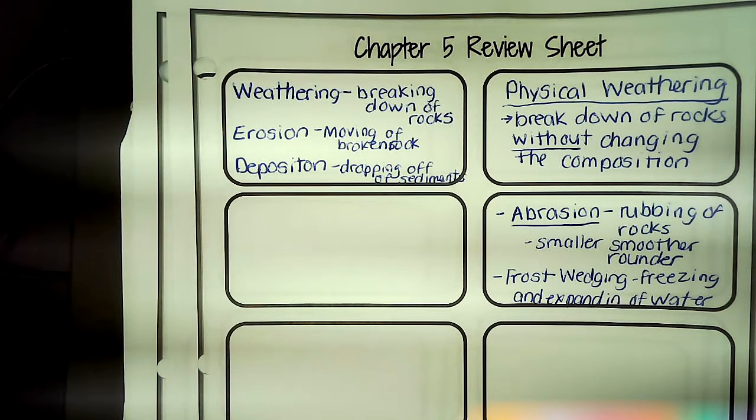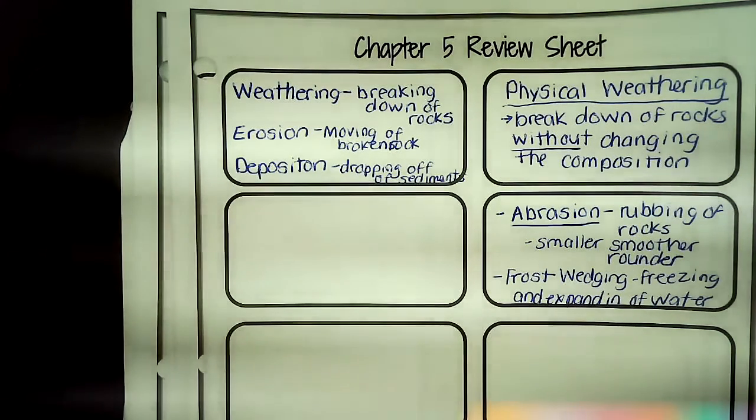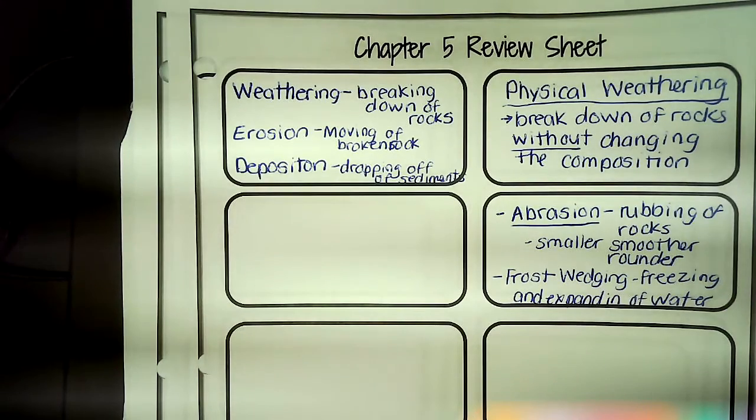Then the next day that ice melts, more water gets into the crack, and it freezes, thaws, freezes, expands, makes the crack even bigger. These are potholes. Then the plow doesn't help. After the crack's got bigger, now the plow can grab a hold of the crack. It's not just the plow's fault. It is mostly the frost wedging.